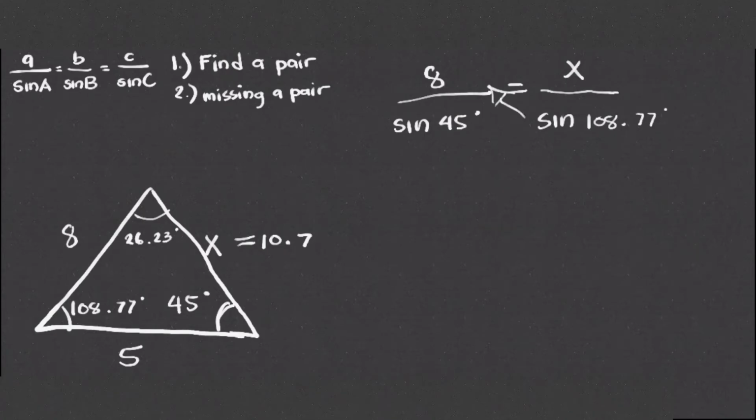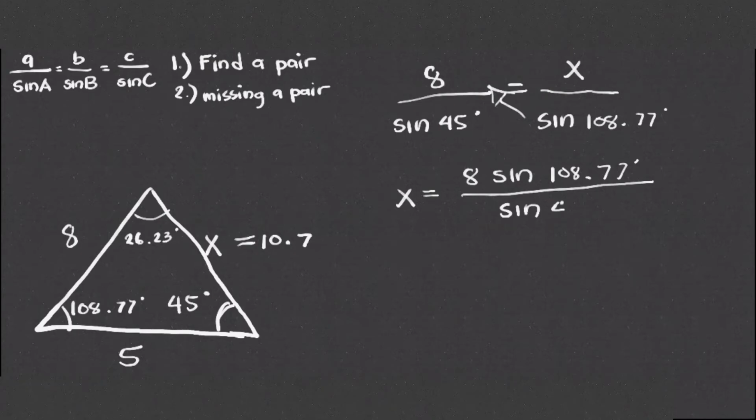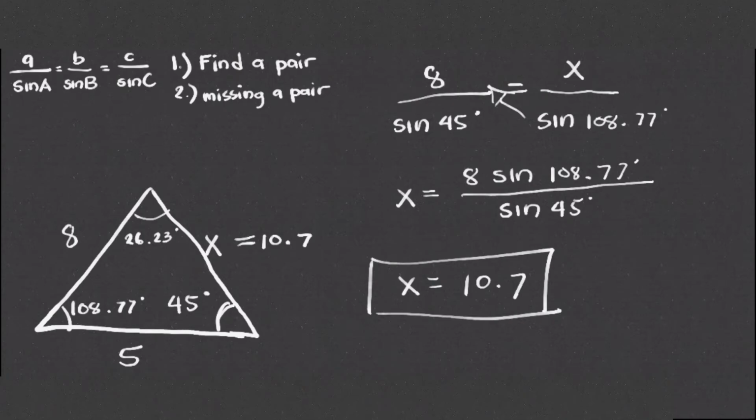Then you cross multiply sine 108.77 degrees to the 8. So x is equal to 8 sine 108.77 degrees over sine 45 degrees. Therefore, x is equal to 10.7. We still got the same answer.